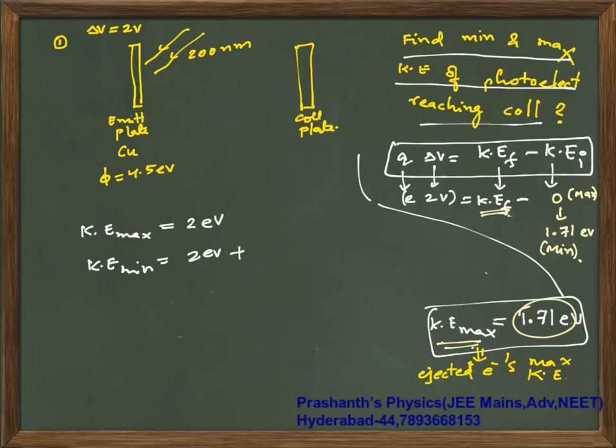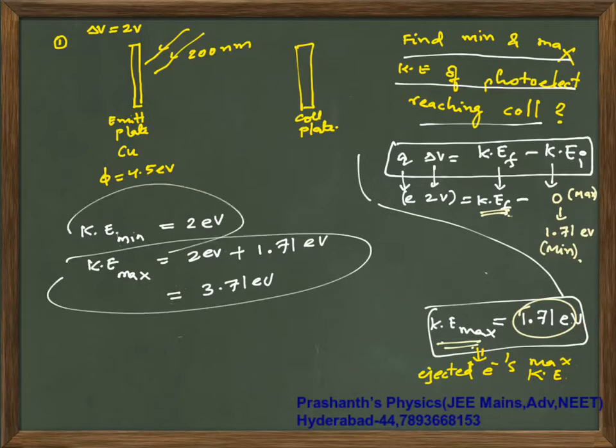This Ke final is Ke initial plus 2 electron volt. One is getting minimum and the other is becoming maximum. Sorry, it is reverse. So Ke min is 2 electron volt, and Ke max is 2 electron volt plus 1.71 electron volt, totally 3.71 electron volt. Like this you can simplify and then do the calculation.